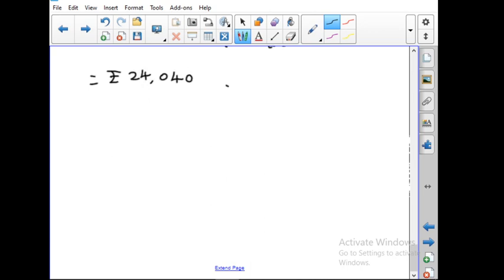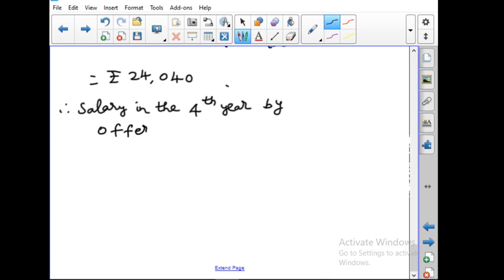Now we have to compare offer A and offer B. So you have to write like this: salary in the fourth year by offer A. What is offer A? The salary is rupees 23,820.